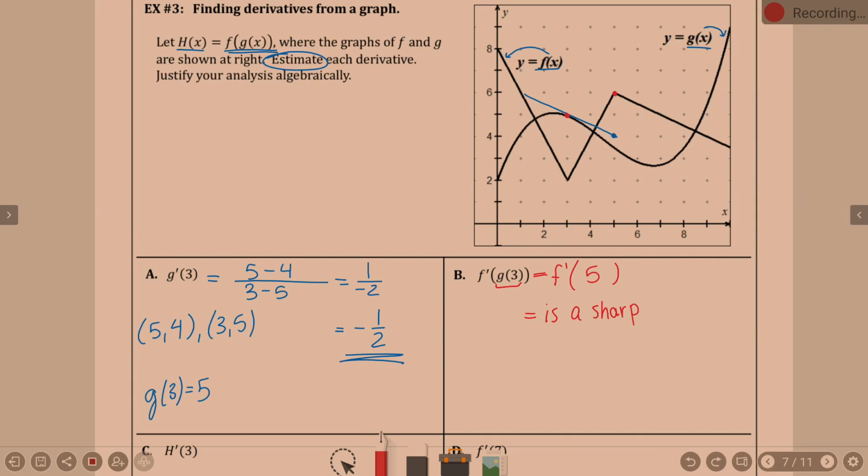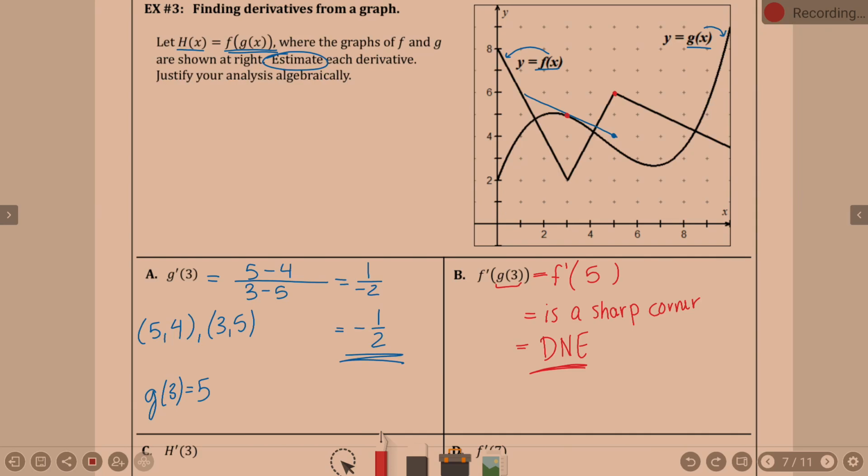You know, it's a cusp, a sharp corner, however you want to look at it, and so it does not exist. That function is continuous, but not always differentiable. Oh, that equals G. Okay? I understand.